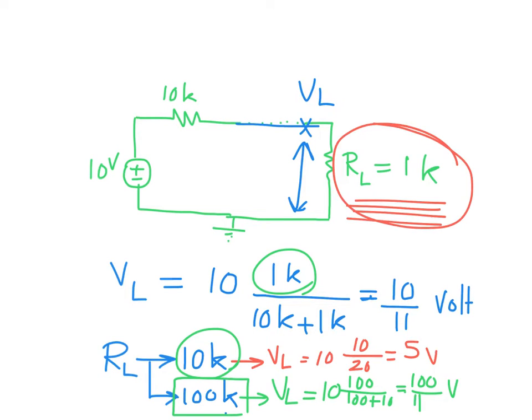If your load resistance is changing, this VL will change as well, and this is not recommended in designing circuits. If we need this voltage to be constant, independent of the load resistance, we have to figure out something else, and this will be shown using our buffer circuit.